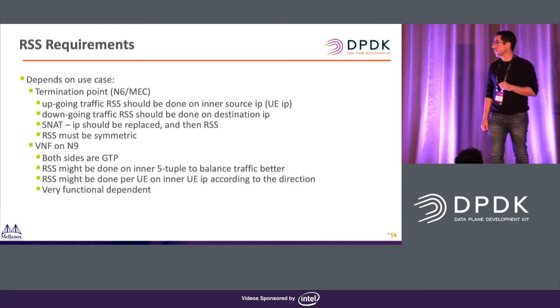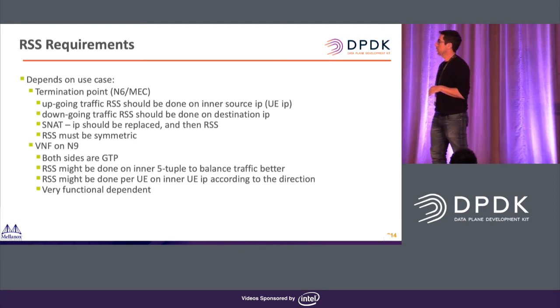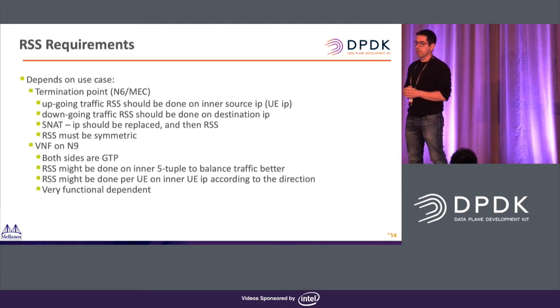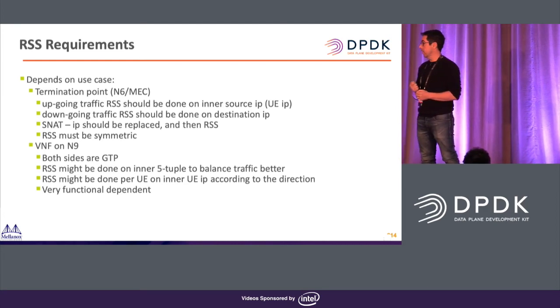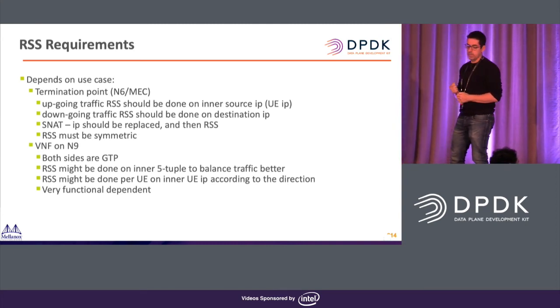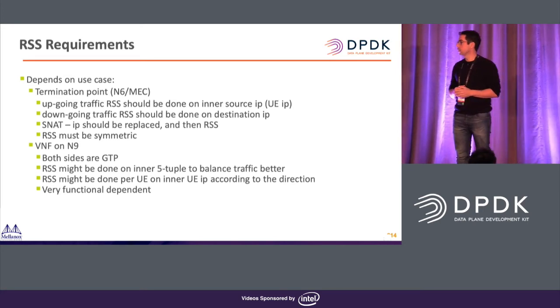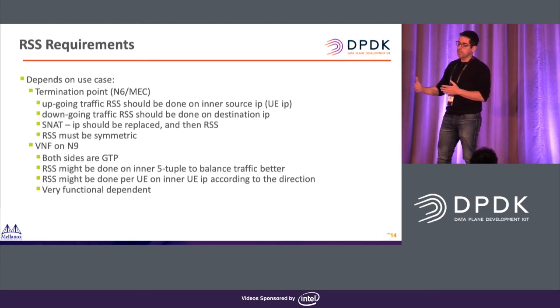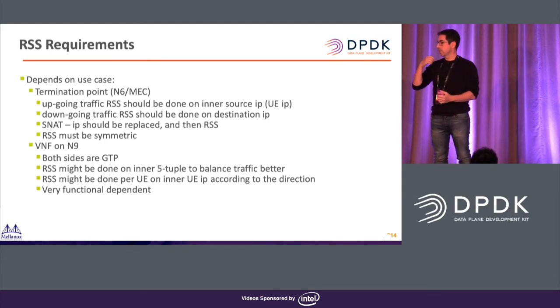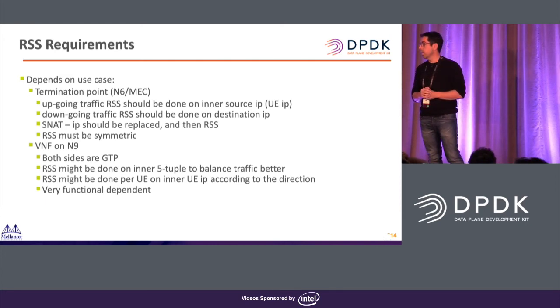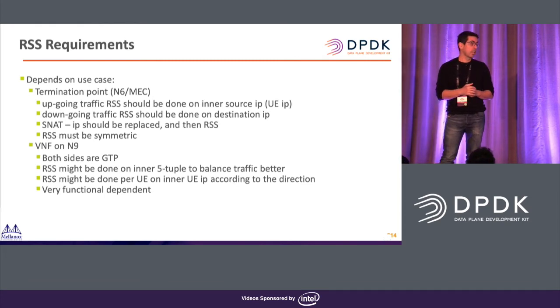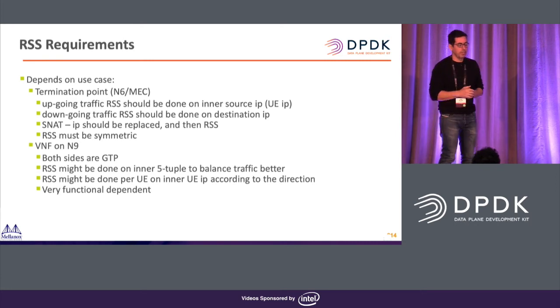The downgoing traffic to the RAN will be untunneled. In this case, the destination IP should be the UE IP, and you want to do the RSS on that. If you have a SNAT, if the IP was changed before the packet got to the data network, to the internet, when it gets back, you first need to revert the SNAT, and only then do the RSS, or else it won't be symmetric.